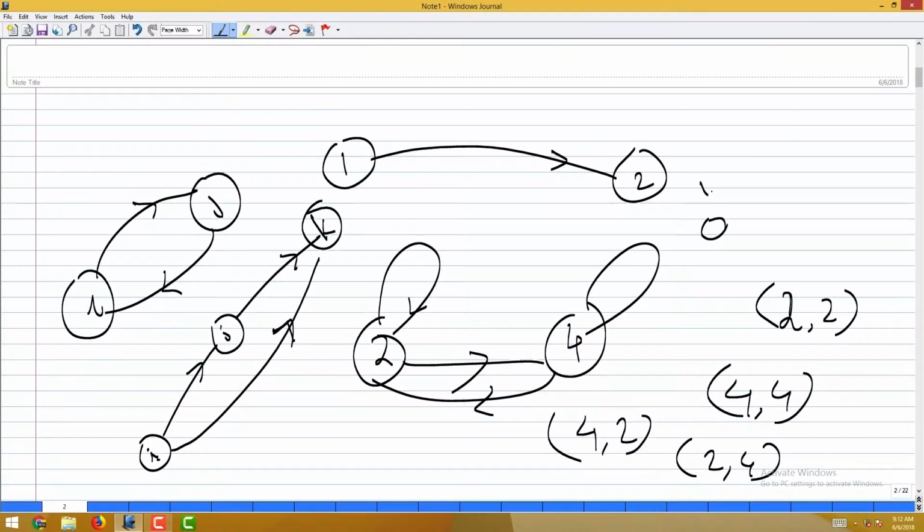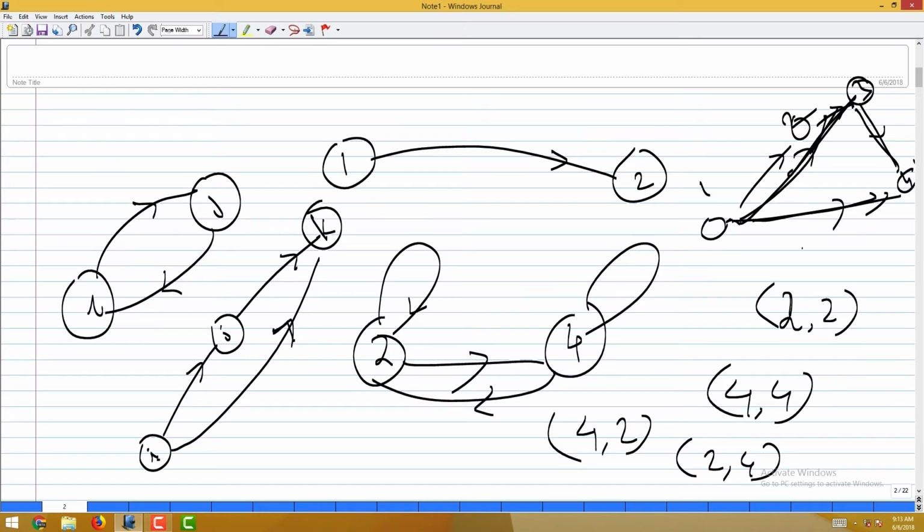Apart from that, transitivity and symmetry make it impossible not to have an edge between vertices. Suppose I can reach from 1 to 2 to 3 to 4, then I will have this edge also. Why? Because of the edges here and here.